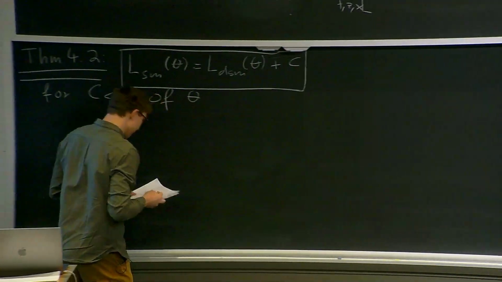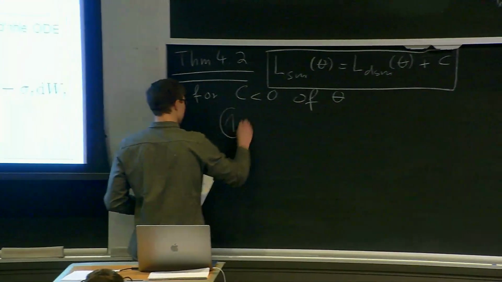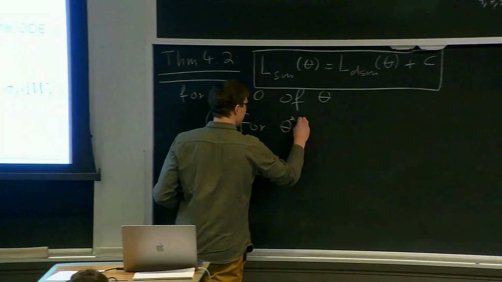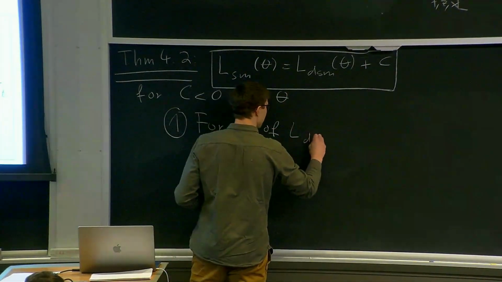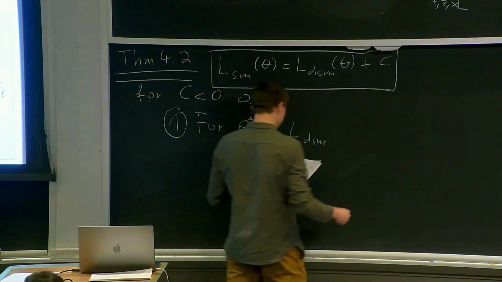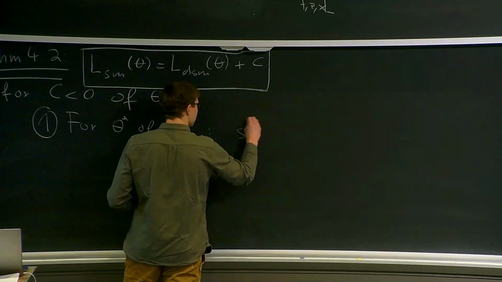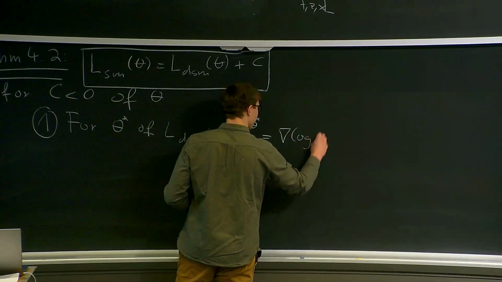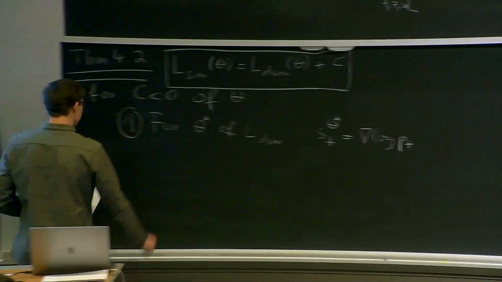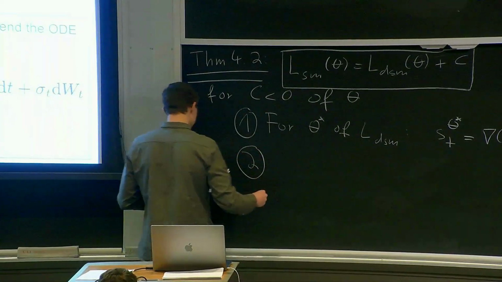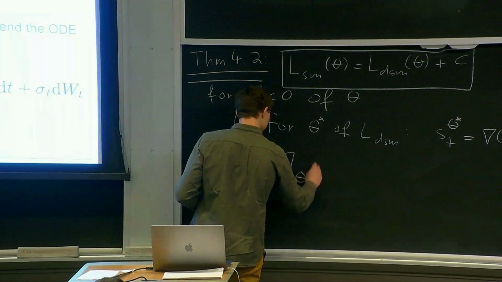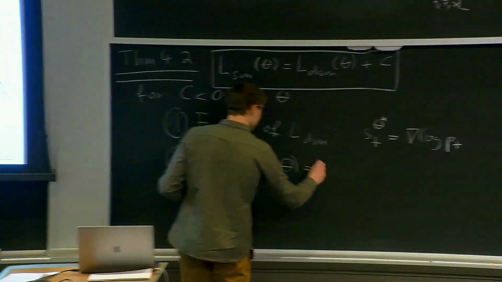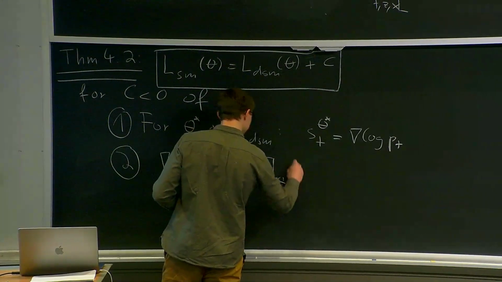Just to reiterate, the first property: the minimizer of the denoising score matching loss fulfills that the corresponding score network is equal to the marginal score. And the same thing holds again, that the gradients are the same.